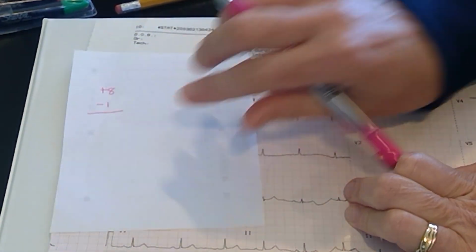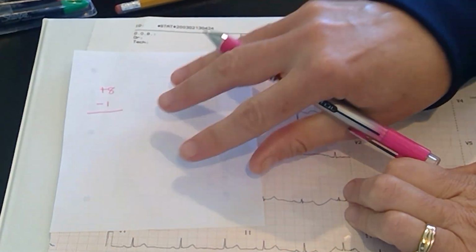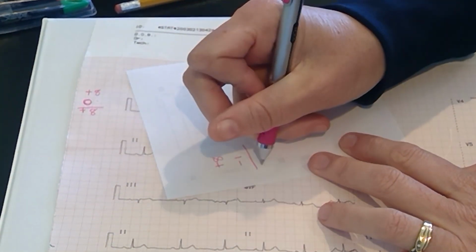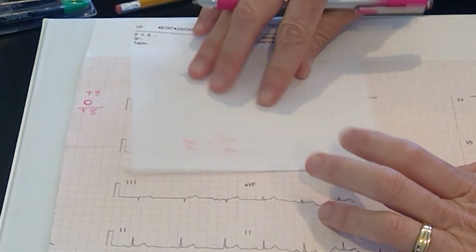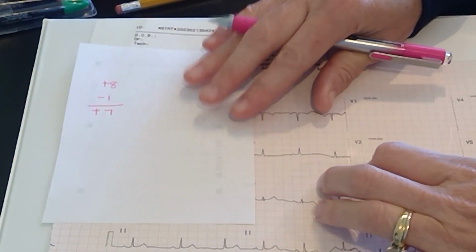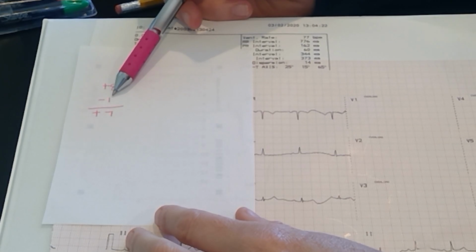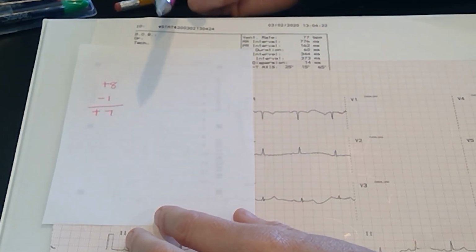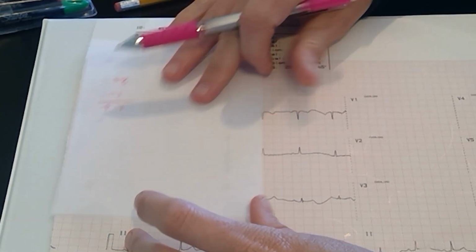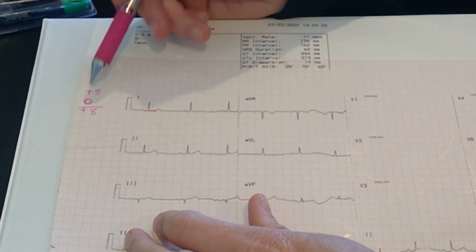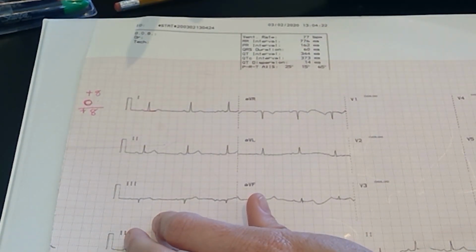A +8 plus a -1 would give us +7. Again, your own personal EKG, you might not have a negative deflection for the S. And if you don't, like I did in mine, it's just 0.